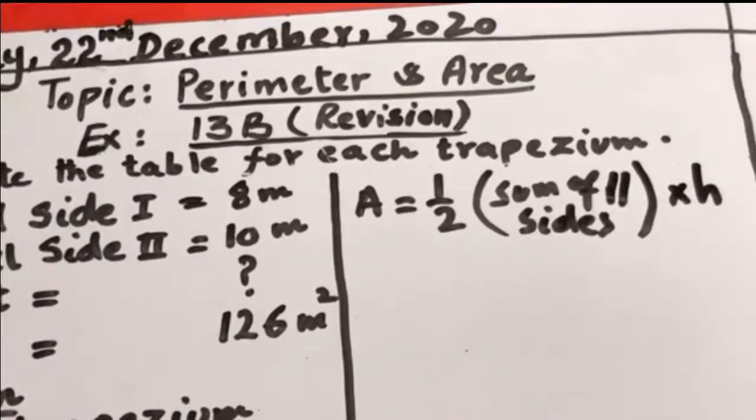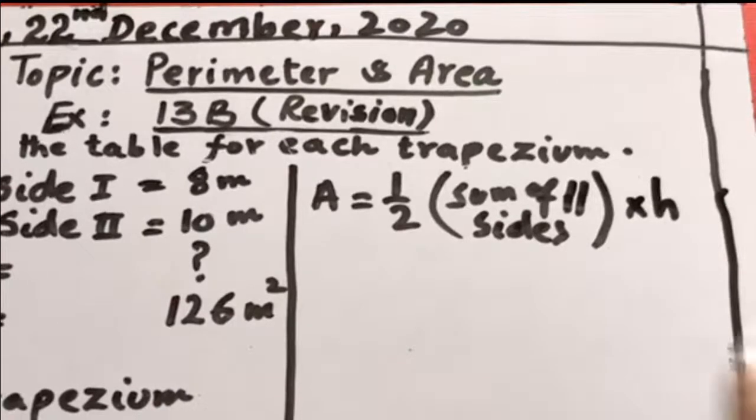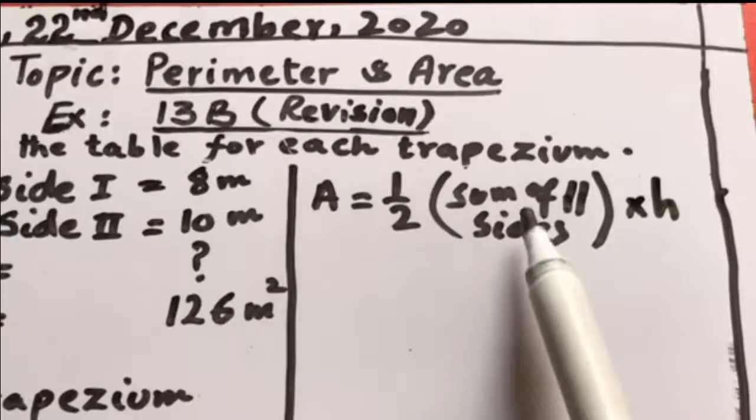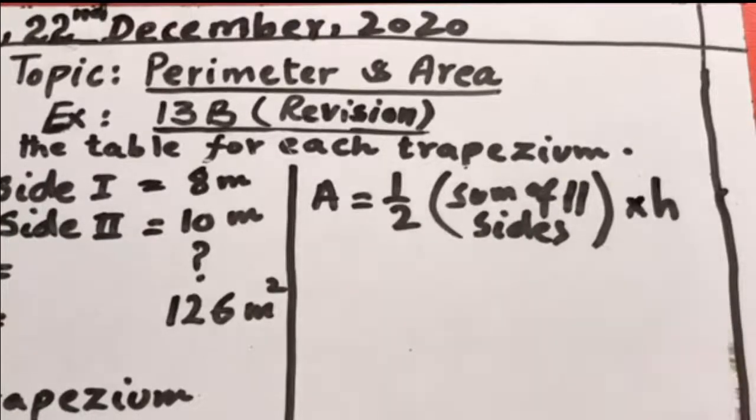It is the formula from which we can easily find the area of a trapezium. Now by using this formula we can easily find the height of a trapezium.